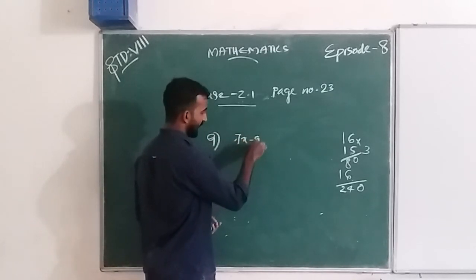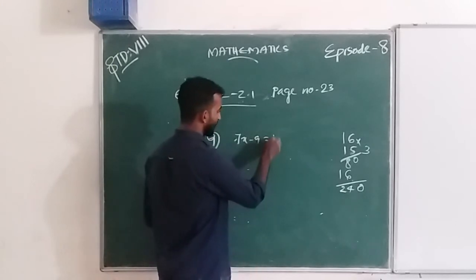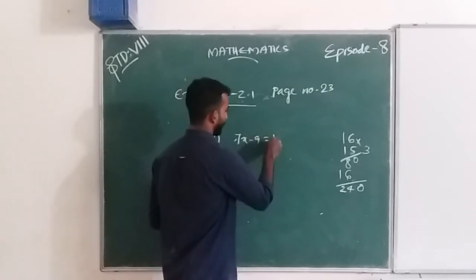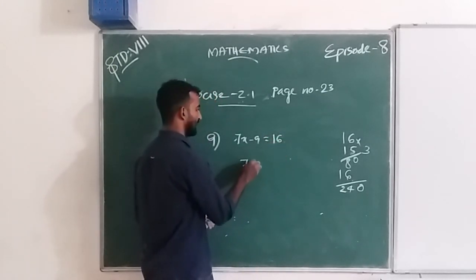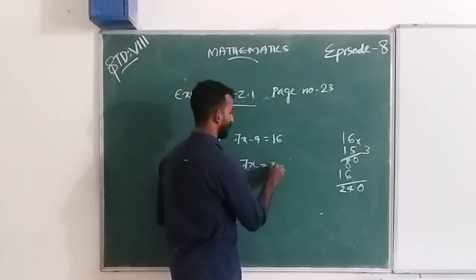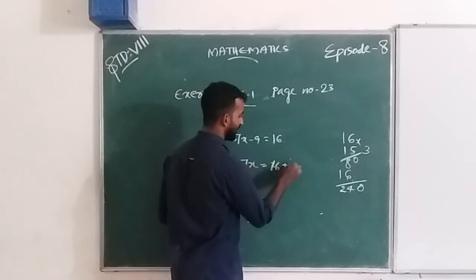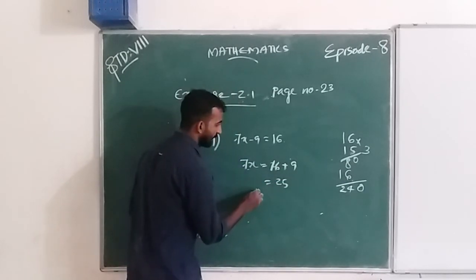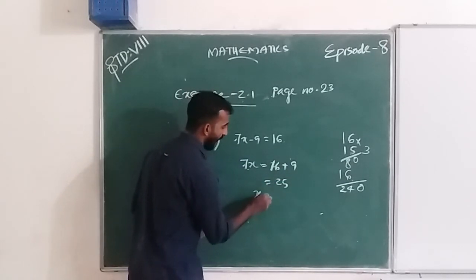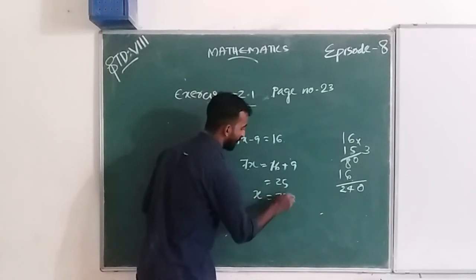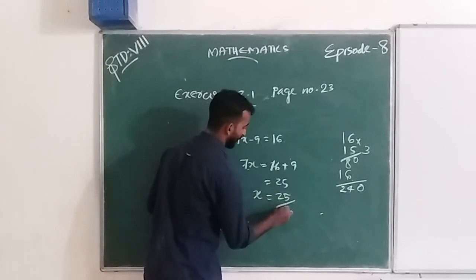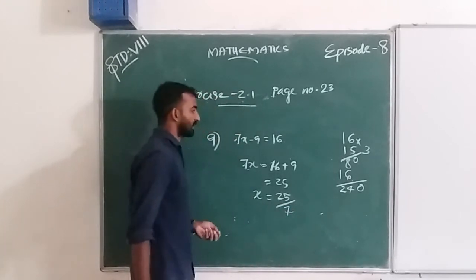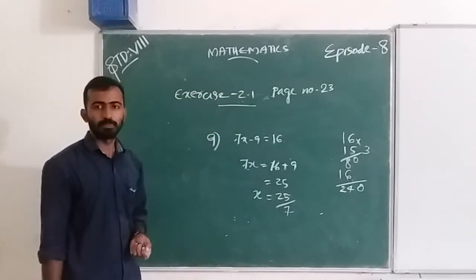7x minus 9 equal to 16. That is 7x equal to 16 plus 9 equal to 25, and x equal to 25 by 7.